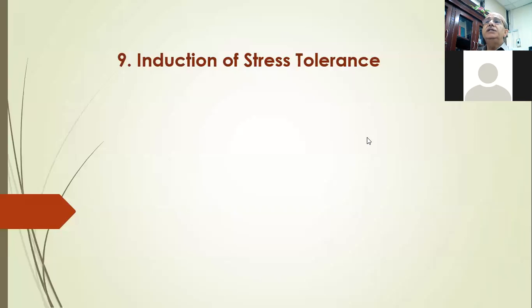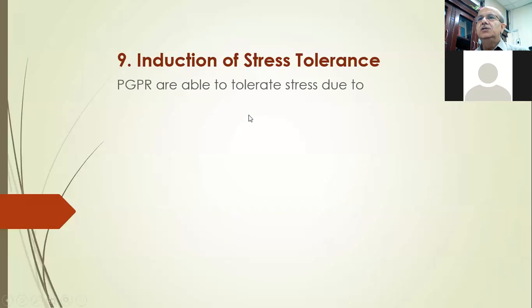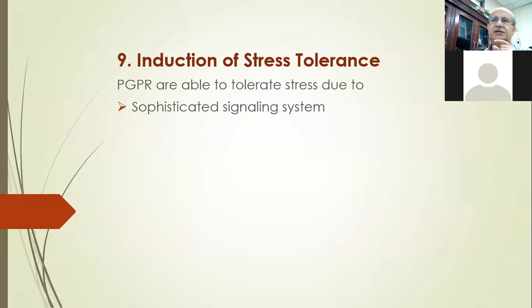Okay, so the induction of stress tolerance is another mechanism. PGPR are able to tolerate stress due to a sophisticated signaling system, through which they provide signals to the other PGPR as well as to the plant that this particular stress is there.